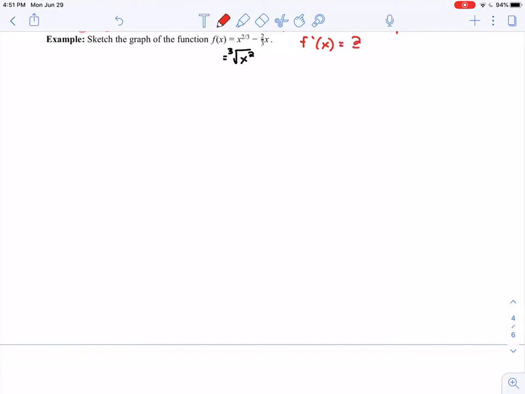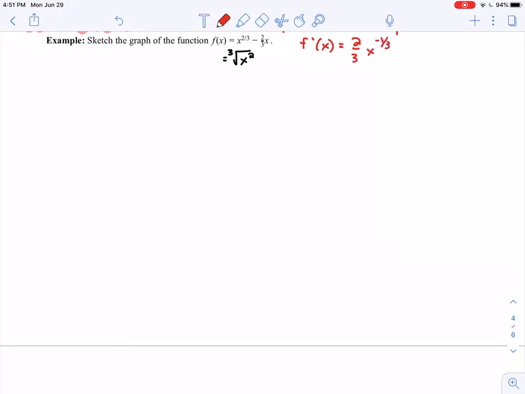So 2/3 times x to the negative 1/3 power minus 2/3 times, well, the derivative of x is 1, so just minus 2/3. We could leave our answer like that. If you preferred a positive exponent, it might be helpful to write that as 2/3 x to the 1/3 power minus 2/3.